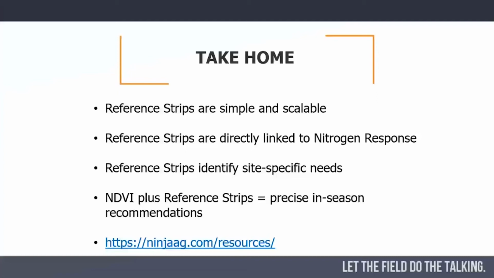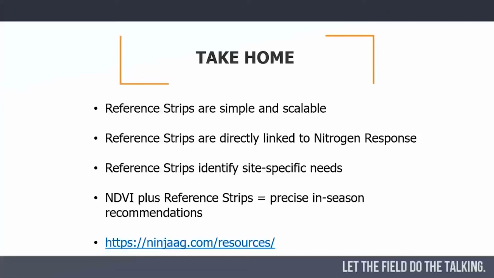This is a way to grow that relationship with your grower with a simple, transparent form of precision agriculture. We know that these nitrogen reference strips are going to be directly linked to nitrogen response, and this is going to add value to your NDVI imagery, knowing that that area is a response to nitrogen.